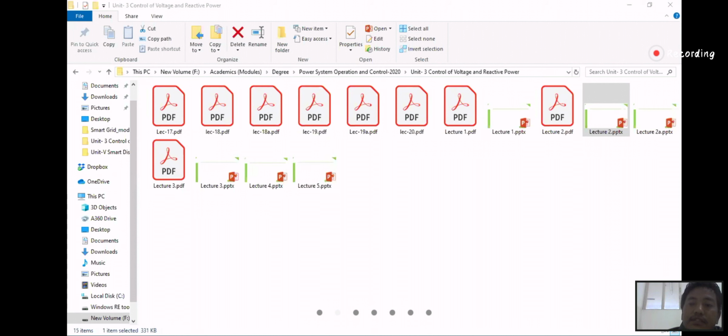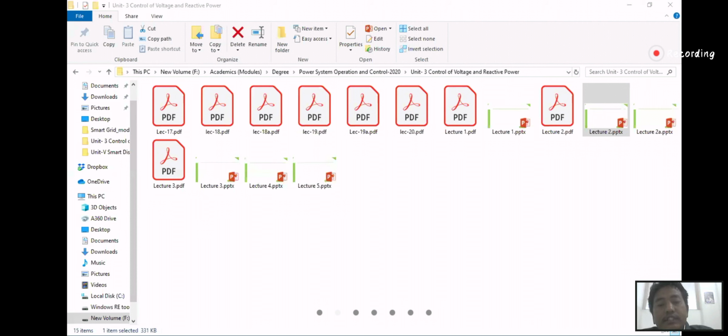Shunt, you already know, means connecting in parallel, as opposed to series. Today we'll see how to control the voltage using shunt capacitors. The shunt capacitor will always supply the reactive power, whereas the shunt reactor will absorb the reactive power.